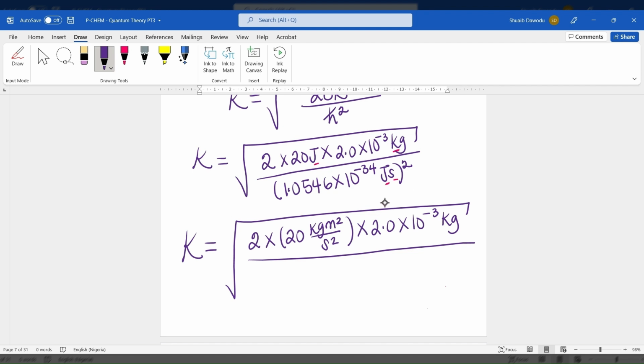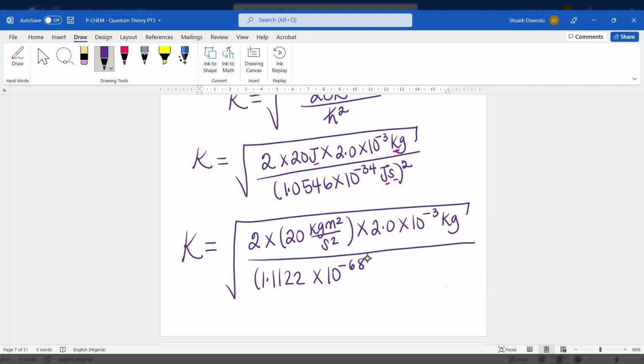We can rewrite this to simply be 1.1122 times 10 raised to the power of negative 68. And then, of course, this is kilogram meter squared per second squared, and then you have seconds here.